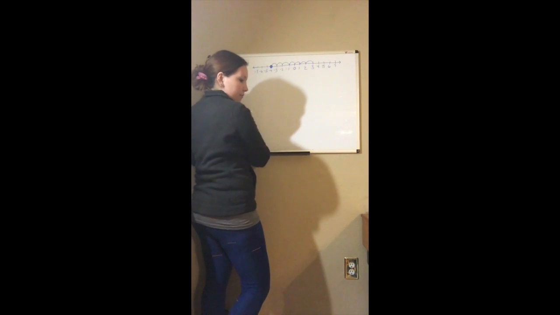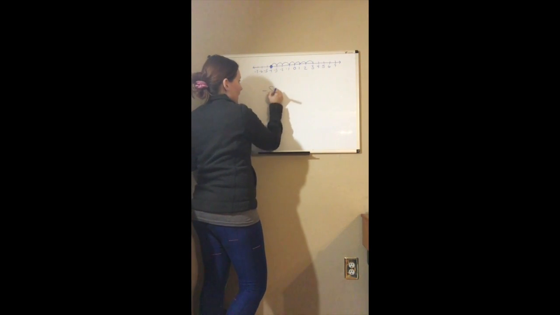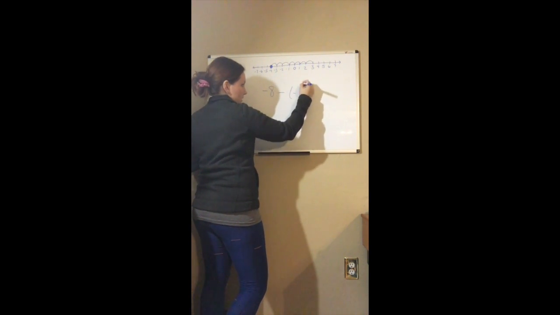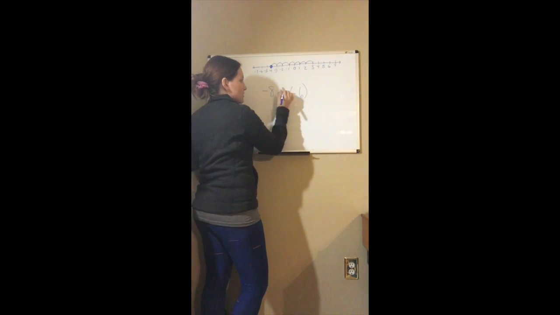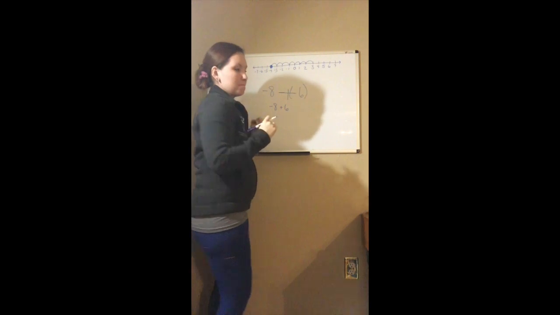Last one we have is negative 8 minus negative 6. Again, this is similar to the last example. We have two negatives next to each other, so we're going to add a line, change the sign. Then we are left with negative 8 plus 6.